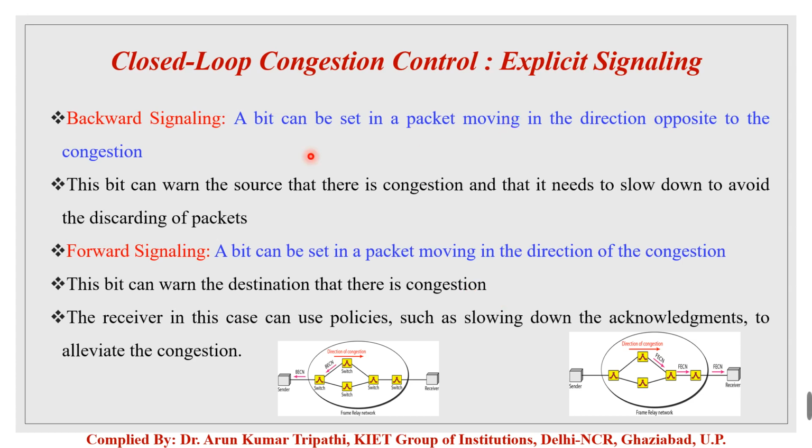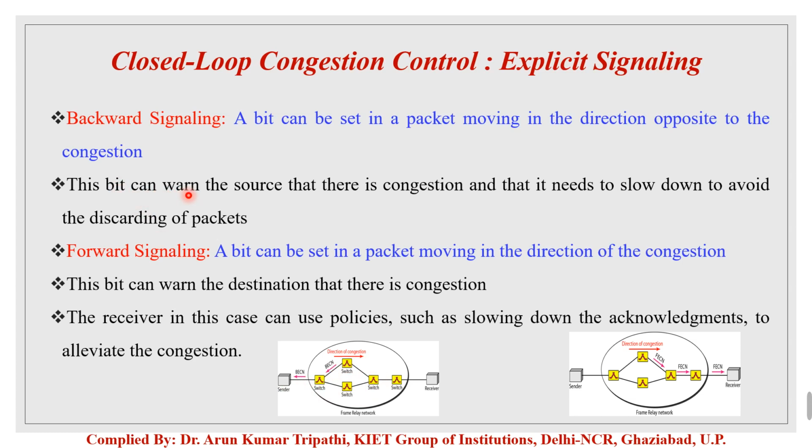In backward signaling, a bit can be set in the packet moving in the direction opposite to the congestion, so it will be sent to the source.